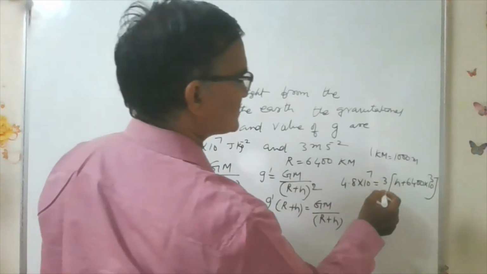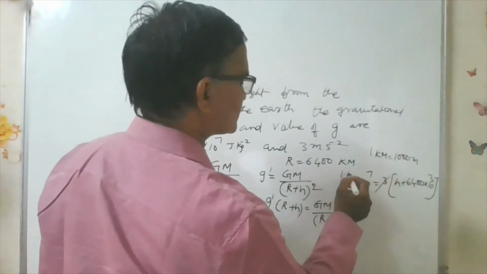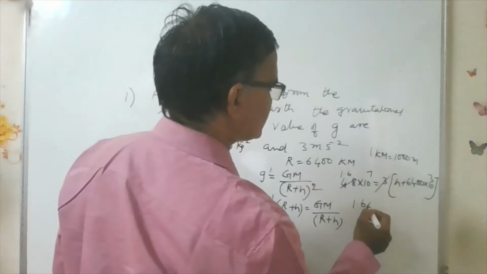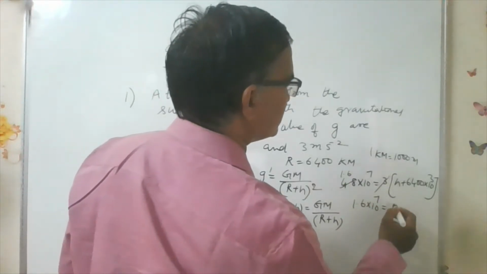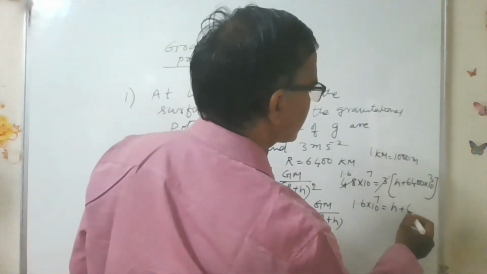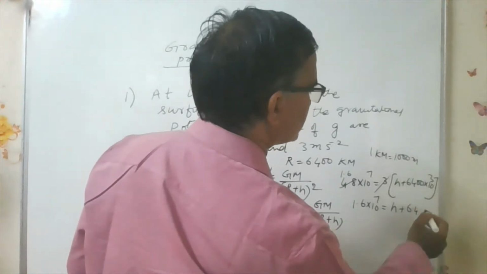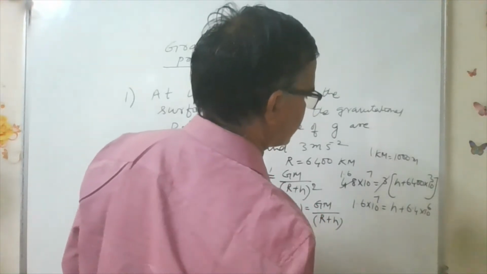Now if you simplify, 1.6 into 10 to the power of 7 is equal to H plus 6.4 into 10 to the power of 6.